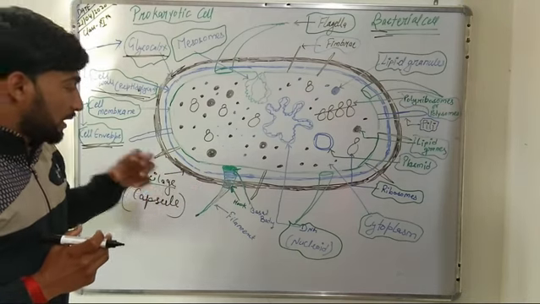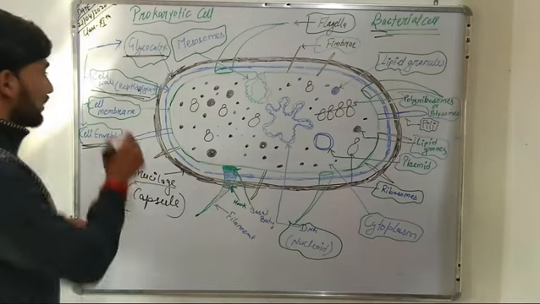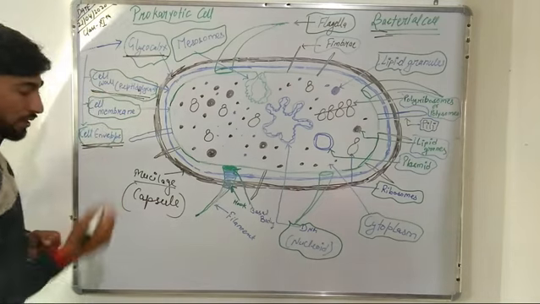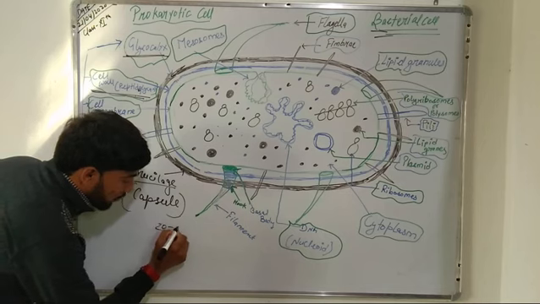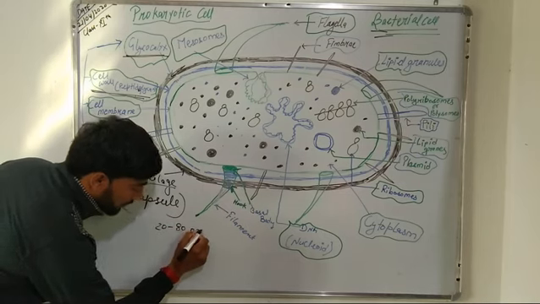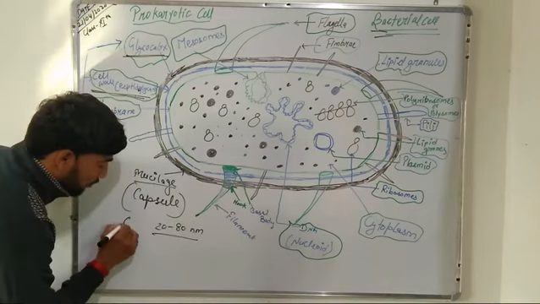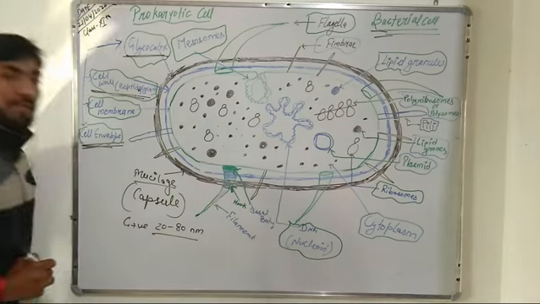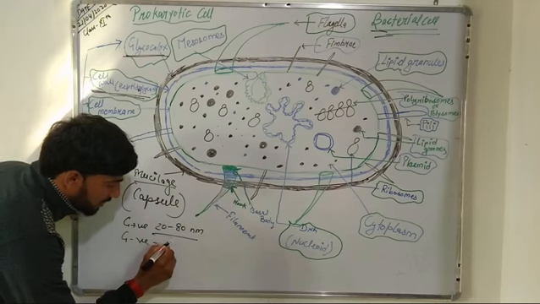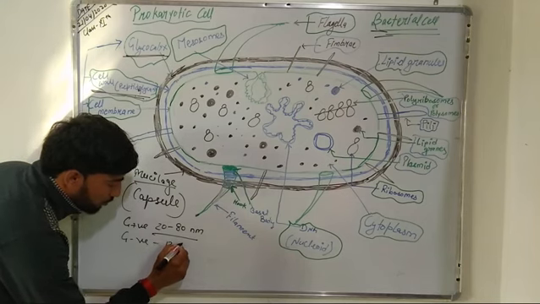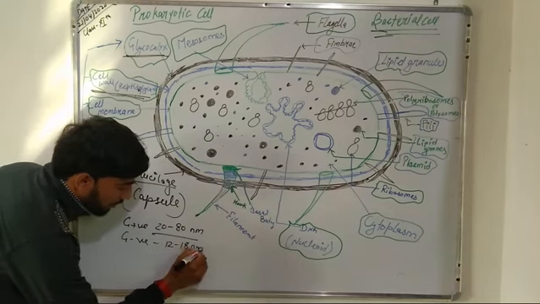Further, in gram-positive bacteria, the cell wall is much thicker, about 20 to 80 nanometer, whereas in gram-negative bacteria, its thickness is about 12 to 18 nanometer only.